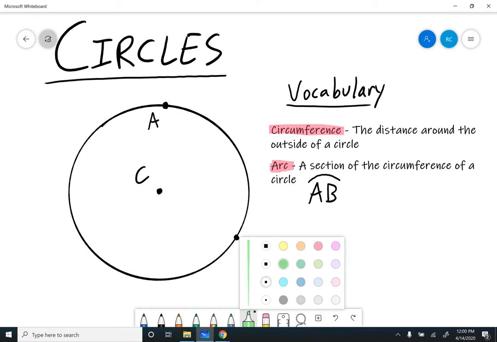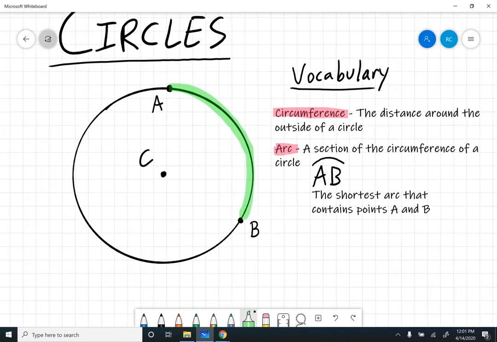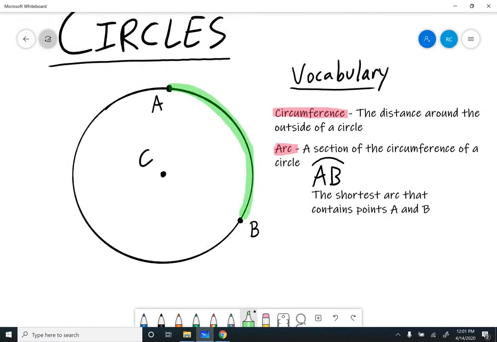And the rule is that if you're just told the arc between 2 points, you are always assuming the shortest arc between. Okay, so that AB with an arc over it denotes the shortest arc that contains points A and B. And when it's the shorter of the two possibilities, we call that the minor arc.